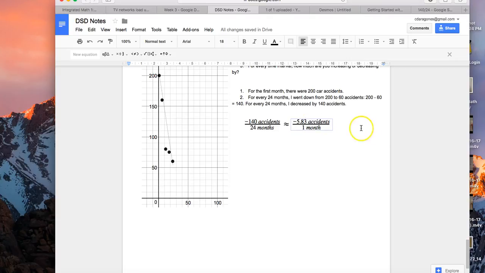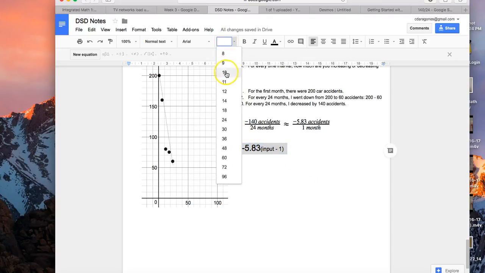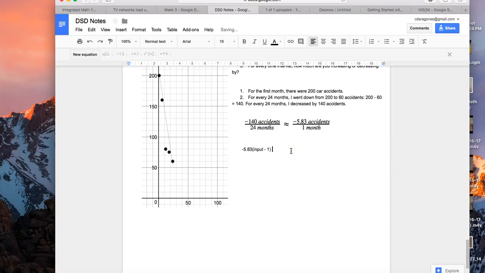So now I'm going to take a look at making this into a function. So I know that my input is 1, so I want to make it my year 0. And then I know for every month after that, I'm going down by negative 5.83. And then I started at 200.